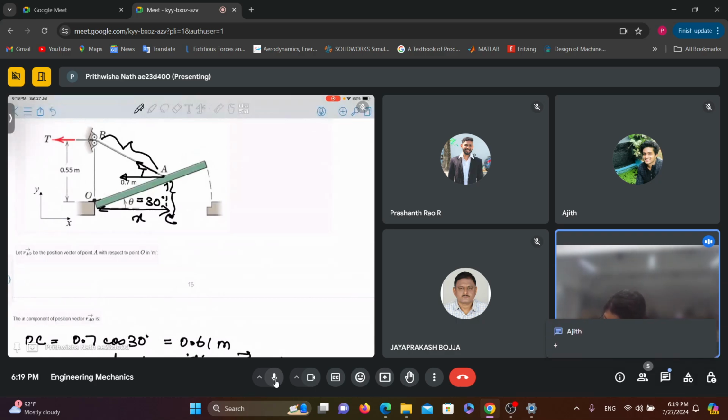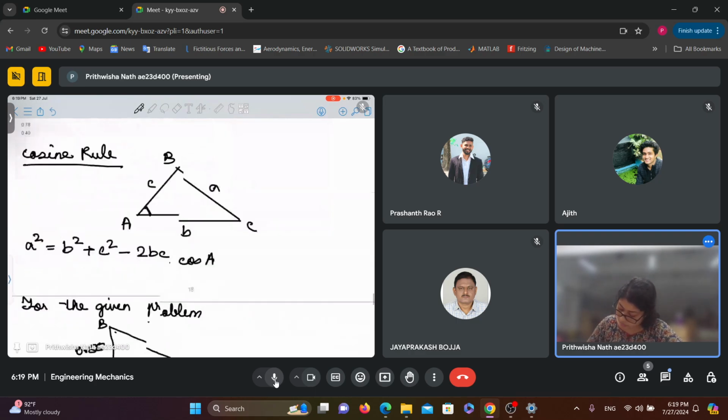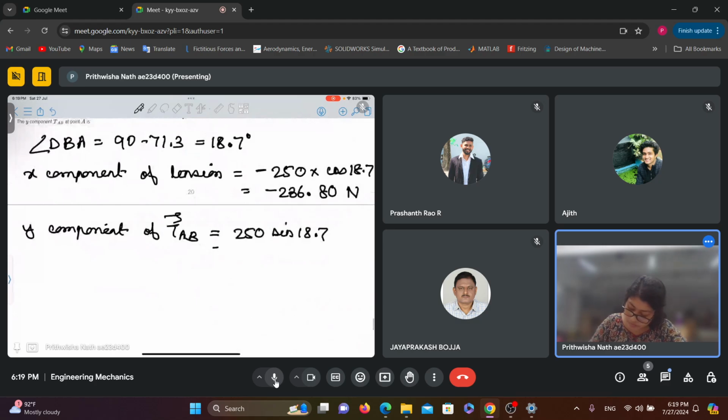Yes, since it will be upwards. Now, that is 80.15 Newton.